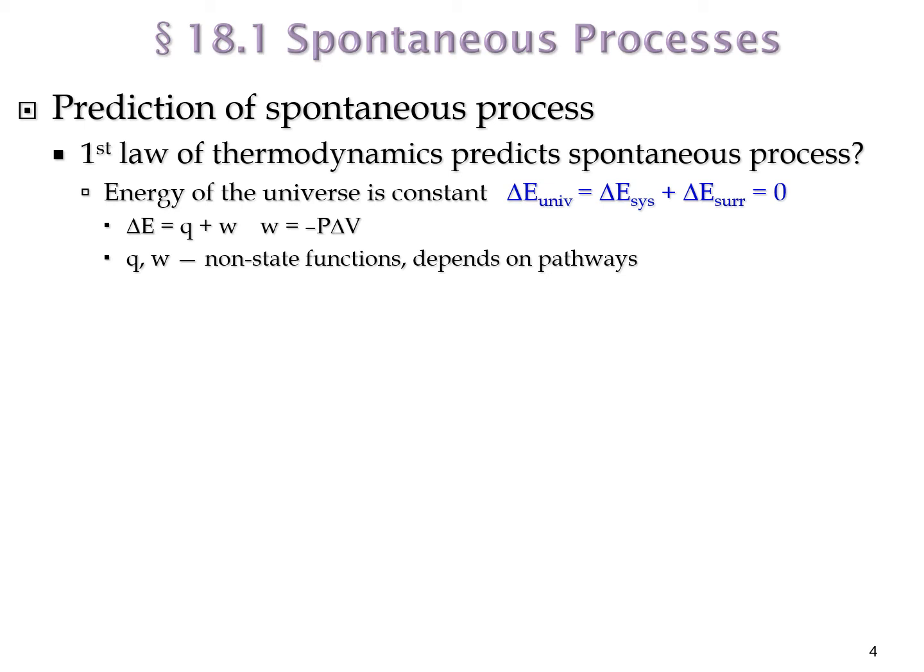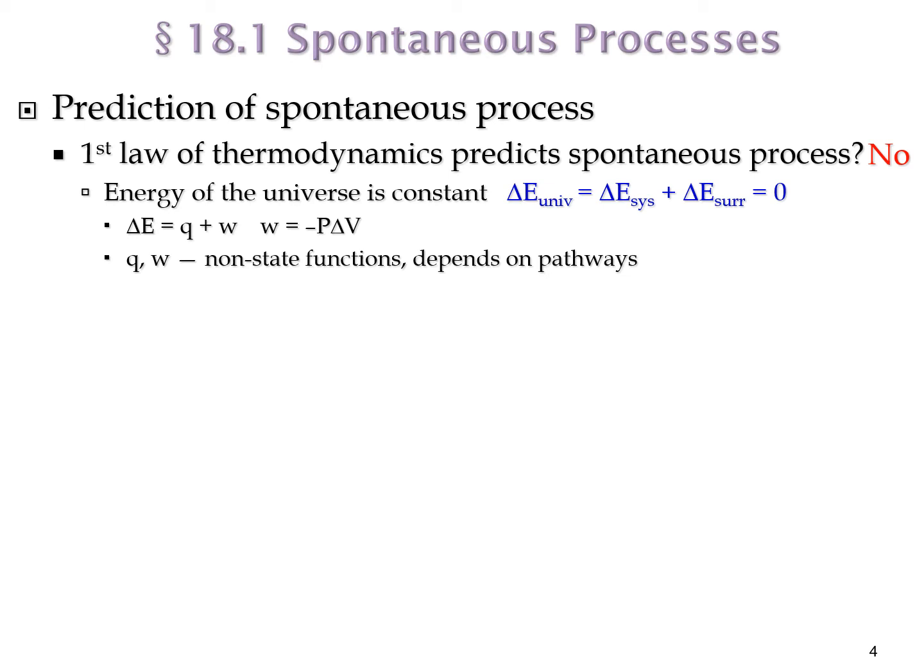But we cannot use either Q or W to tell us whether this reaction is spontaneous, because Q could be negative or positive, and W could be 0, positive, or negative, since both of these functions depend on the path the system chooses. That is the reason why we cannot use the first law of thermodynamics to predict the spontaneous process.